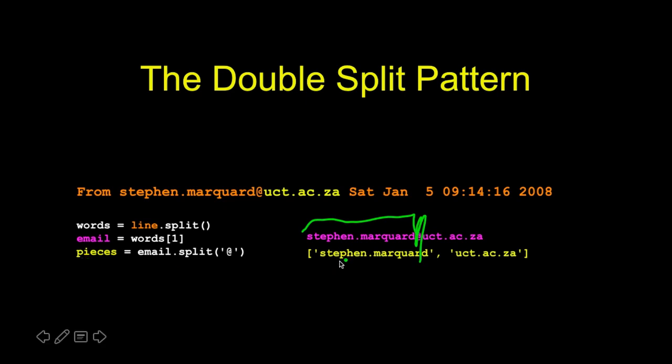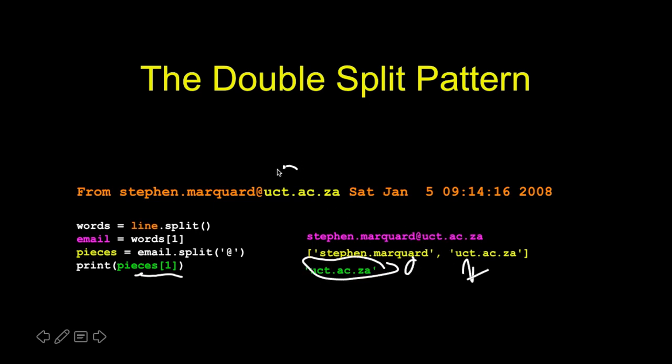So we get a new set of pieces. The first part is the person's name, and the second part is the host name that their email is hosted on. And then we just happen to know that this is the 0 item and this is the 1 item, so we can get at that.